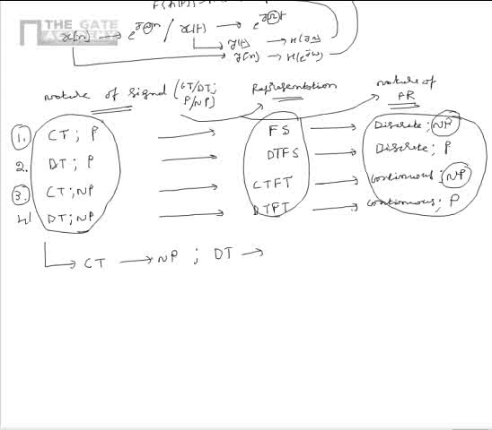Similarly, we can say that discrete time signals have periodic frequency representation. That is given by cases 2 and 4. Now, if we consider the periodic signal case, that is covering cases 1 and 2, we see that the frequency domain representation is discrete.